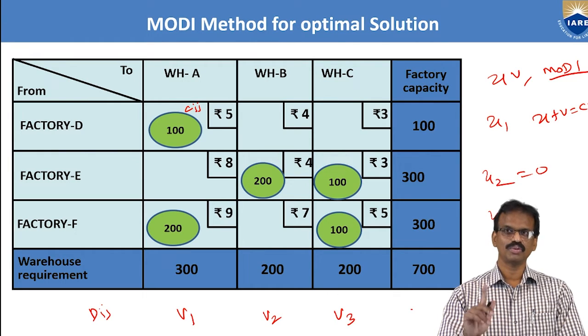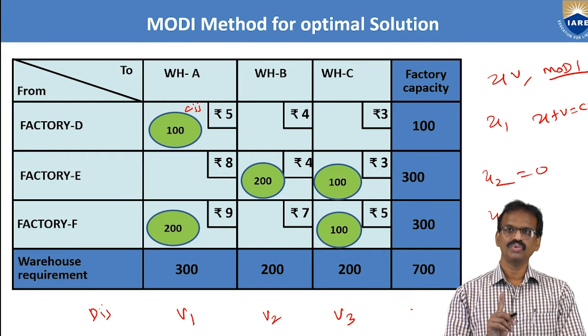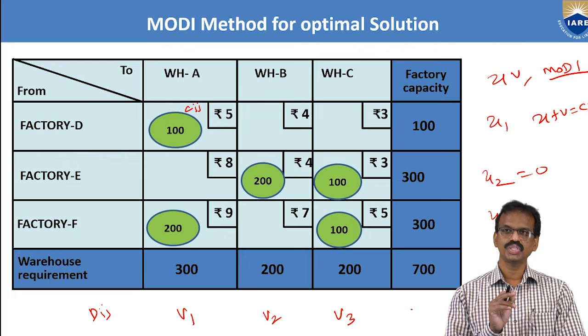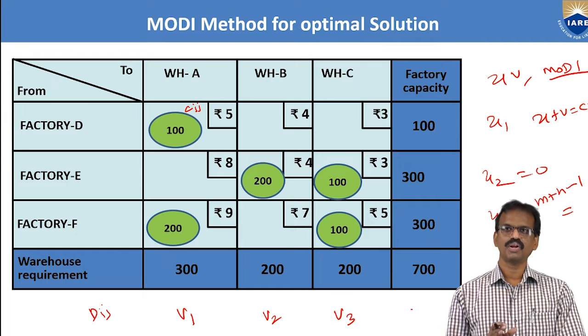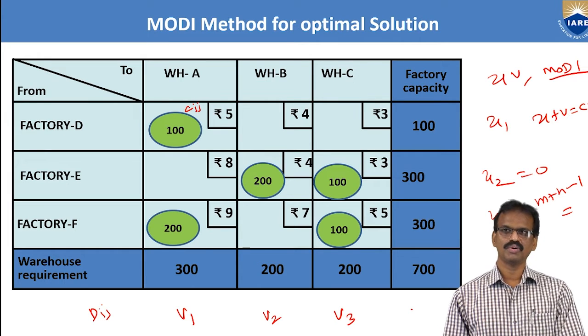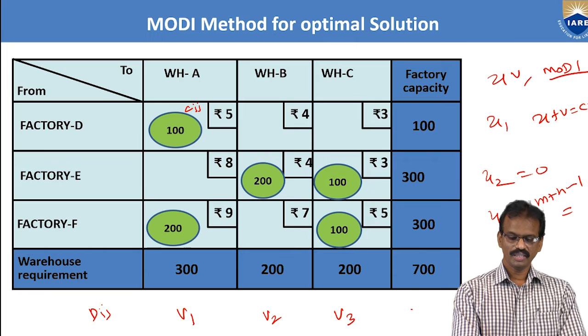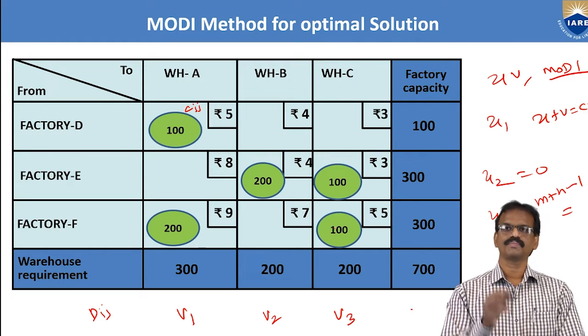Before going on, one more step that I forgot: before the MODI method, we have to check that m plus n minus 1 is equal to the number of allocated cells. Here the number of allocated cells is 1, 2, 3, 4, 5.